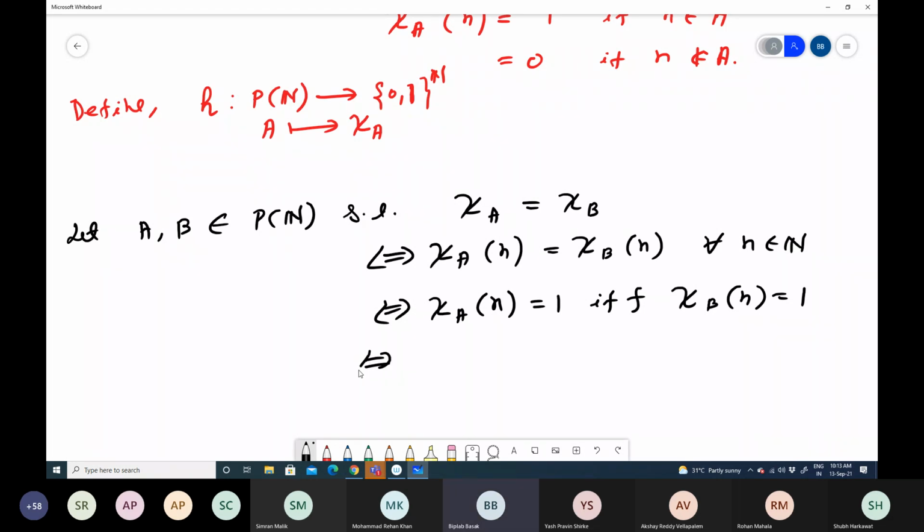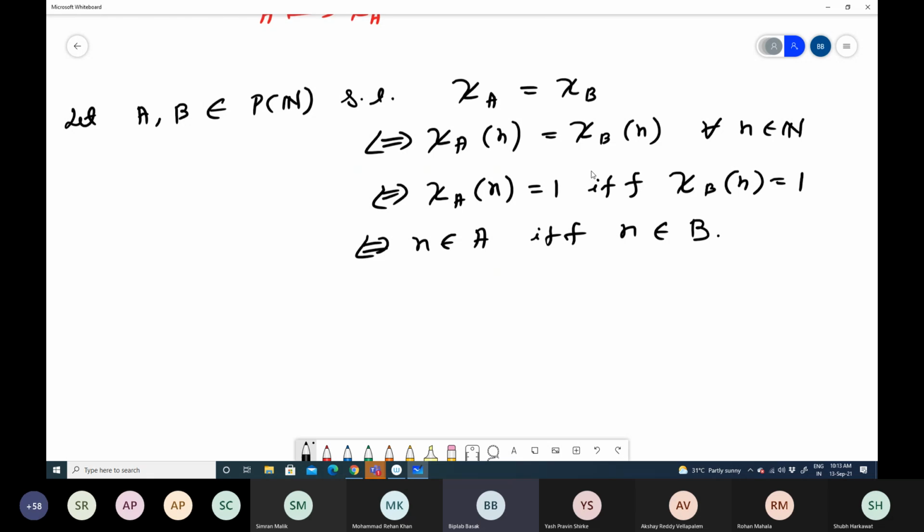In other words, you can say that n belongs to A if and only if n belongs to B. So this is just an observation.